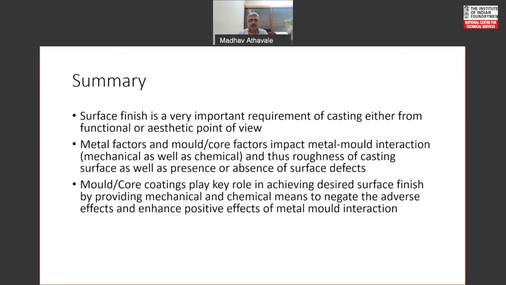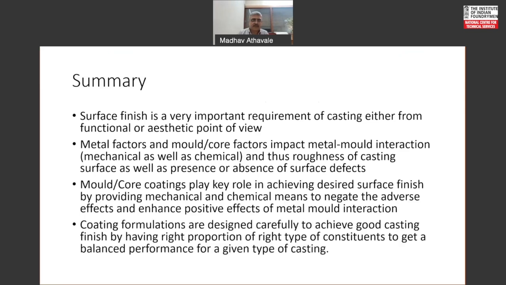Mold and core coatings play a key role in achieving the desired surface finish by providing mechanical and chemical means to negate the adverse effects and enhance the positive effects of the metal mold interaction.